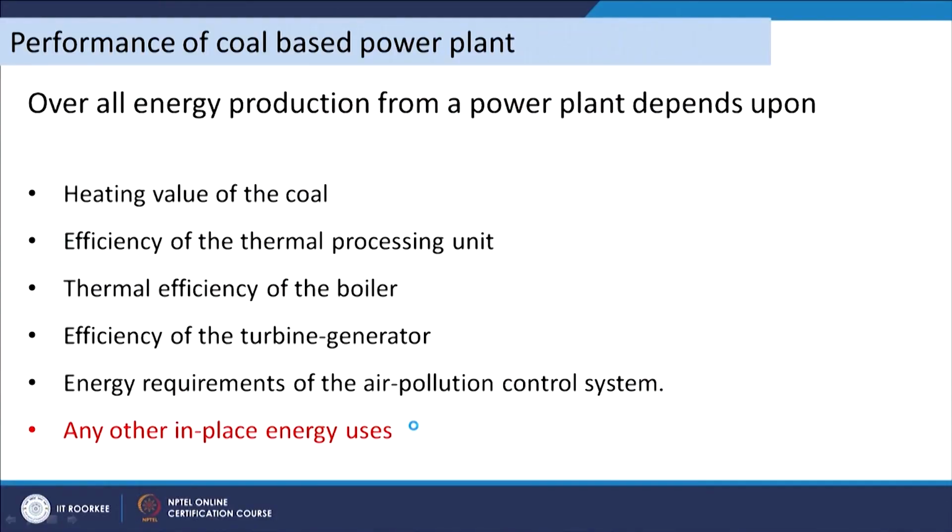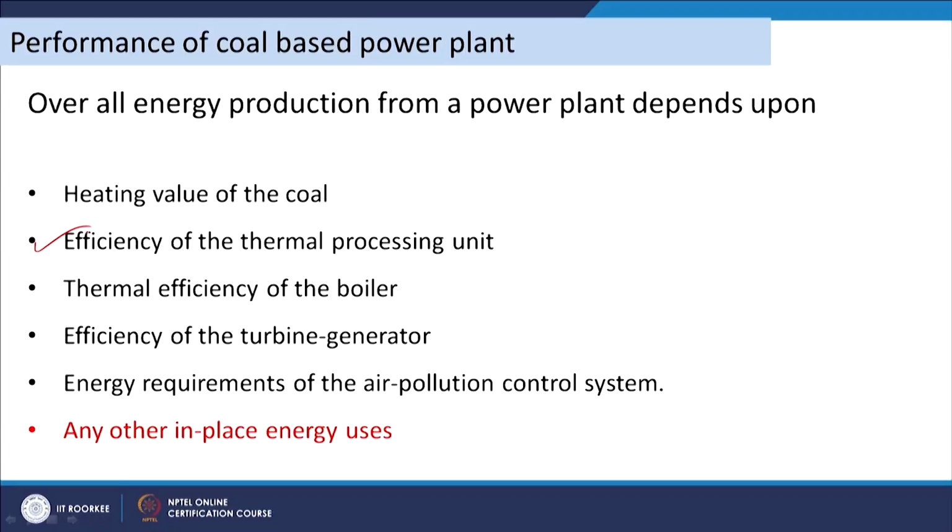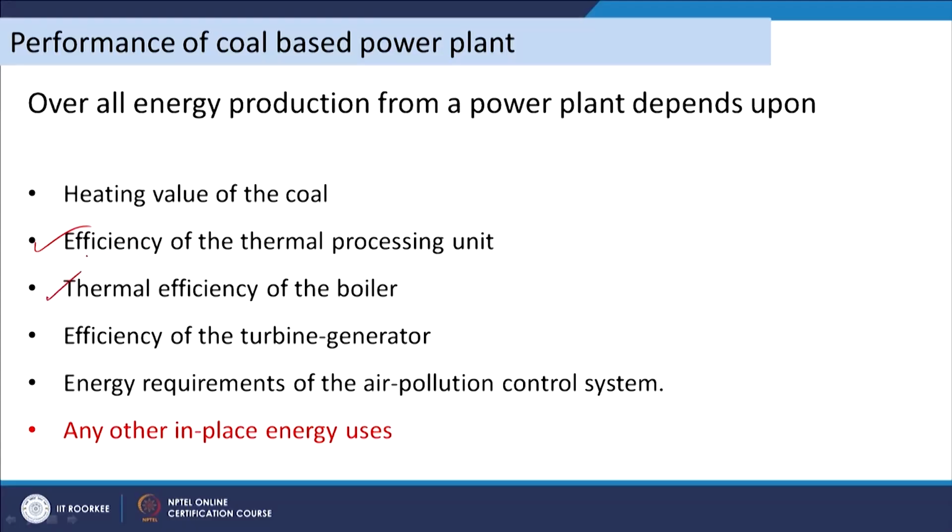So, if we have a high heating value, then the performance will be higher, and the thermal conversion units which we are using, the combustor, in some cases the furnace and boiler are combined, in some cases they are two different units. So, there are variations in the technology and the heat recovery is also different. That way the efficiency of the thermal processing unit will also influence the overall efficiency of the process, and then the thermal efficiency of the boiler.